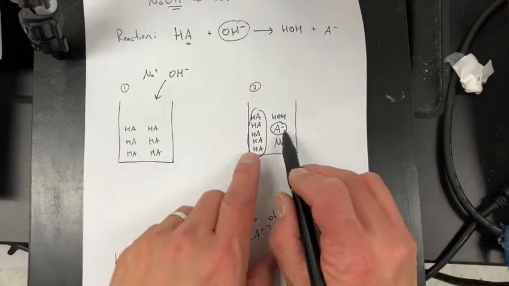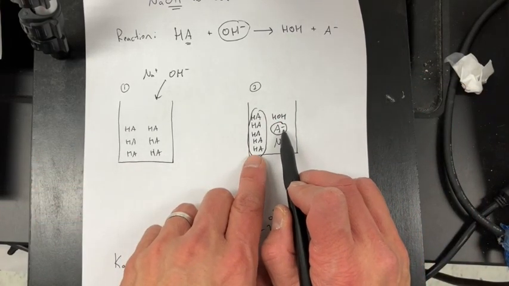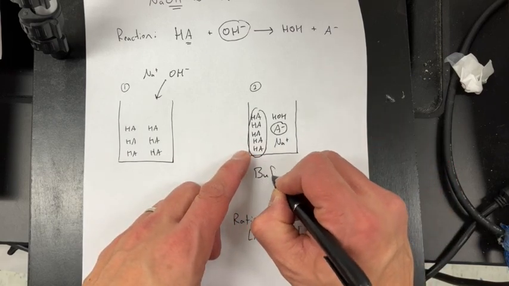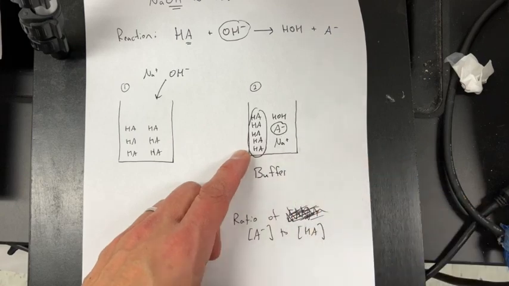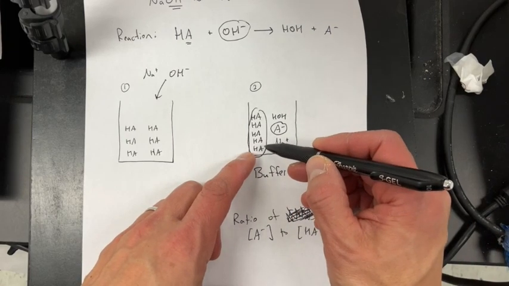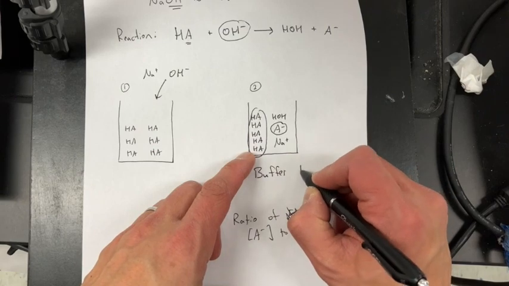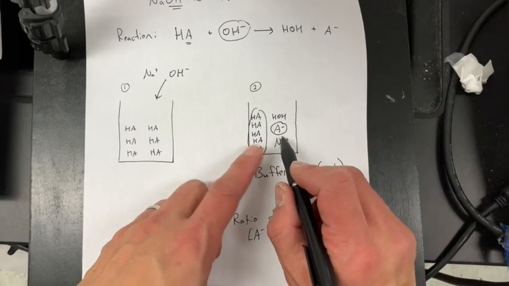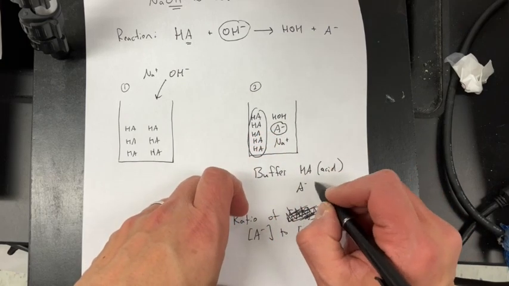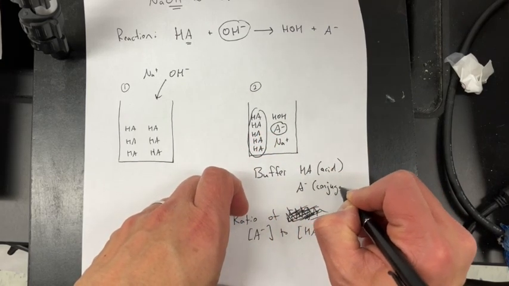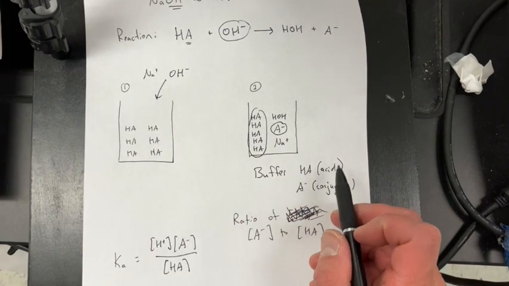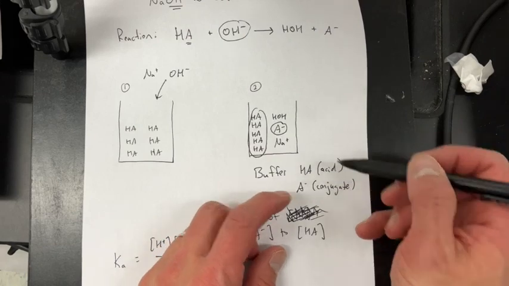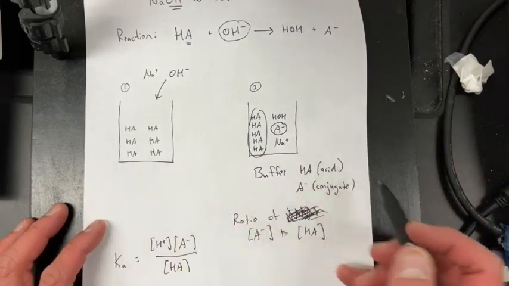And when I have both of these things in solution, this is now called a buffer. So a buffer is any solution that has, for a weak acid, HA, the acid, and its conjugate in solution. So A negative, which is the conjugate. Okay, so a buffer is the acid and its conjugate, or if you look at bases, the base and its conjugate, but a buffer has to have both things in solution at the same time.